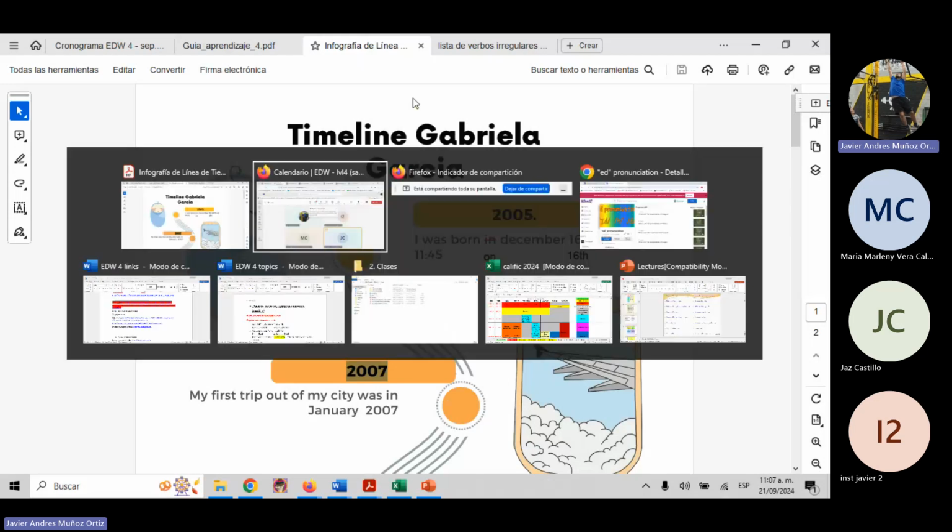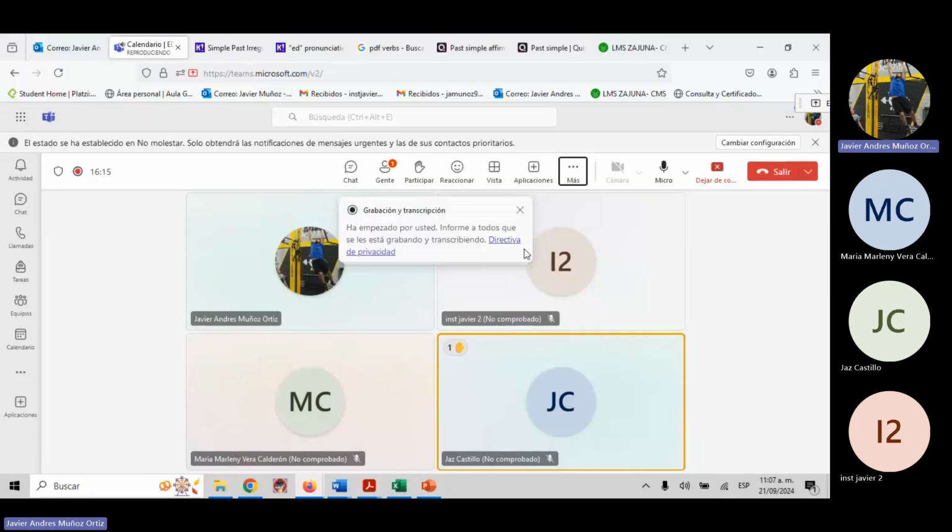We said last time that we need to study verbs, and we already studied regular and irregular verbs. We are going to study these topics in a quick way because we have already studied them on Thursday, but just in case, we're going to do a quick recap.